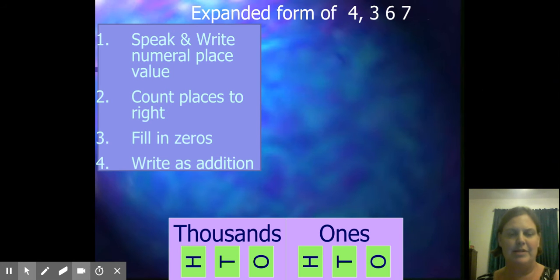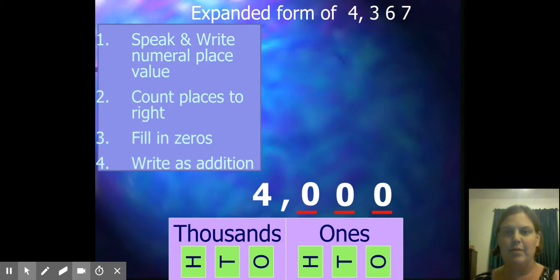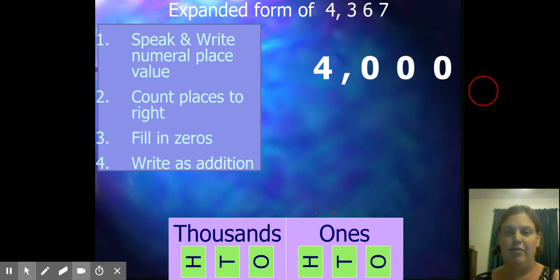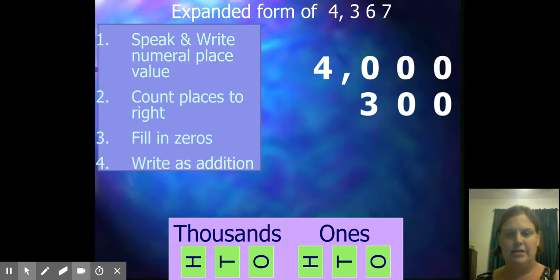All right, here we go. I'm going to speak and write the numeral place value. So I have 4,000. That's where I'm going to start. I'm going to count those places to the right. 1, 2, 3. I'm filling them in with zeros. And that's my first part of my expanded form. Then I have 300. I'm going to count the places to the right, fill them in with zeros. 60 is next for my 67, 60.